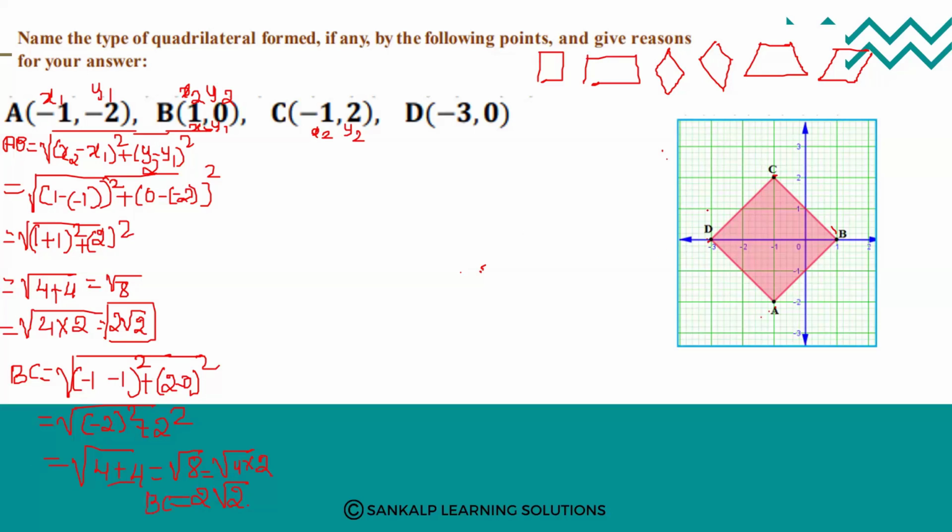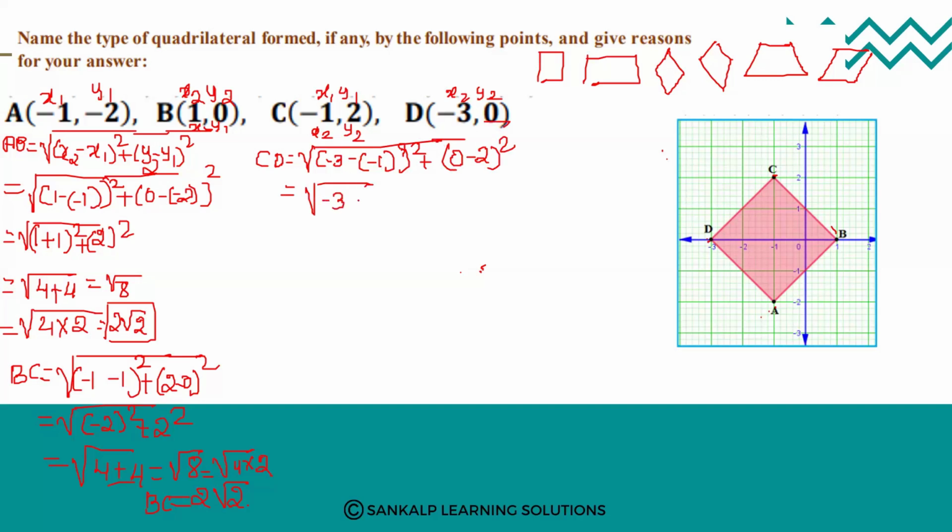Now find out the value of CD. If you consider C to D, then this is x1, y1 and this is x2, y2. The value of x2 is minus 3, the value of x1 is minus 1 whole square, plus y2 is 0 minus 2 whole square.